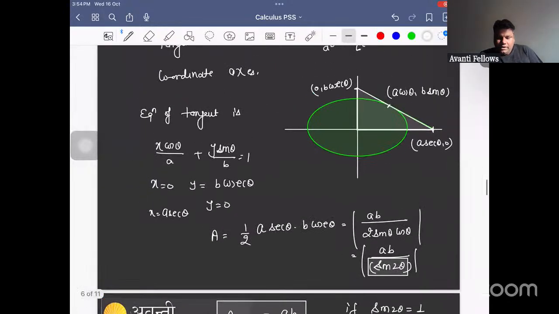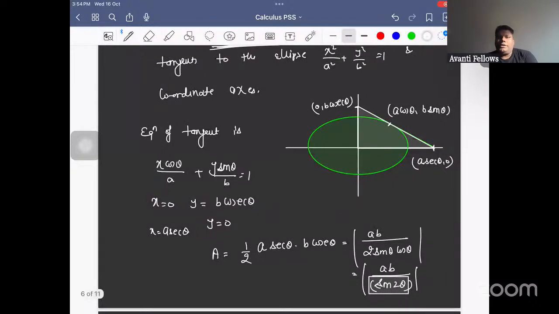Very good question. It also required your knowledge of coordinate geometry, ellipse, tangent to an ellipse.